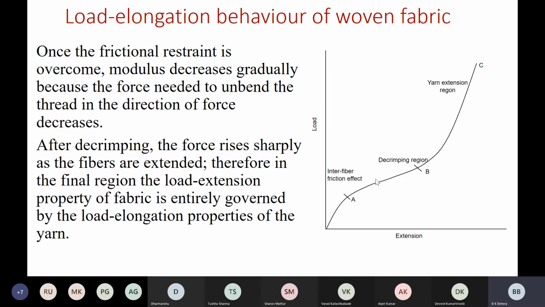Means this curve will be in this position or will be in this position, or will be in this position. Means it will show higher modulus, lower modulus, or somewhere in between. It will all depend on what is the bending rigidity of the yarn. Because initial deformation, initial resistance to deformation is mainly because of decrimping.